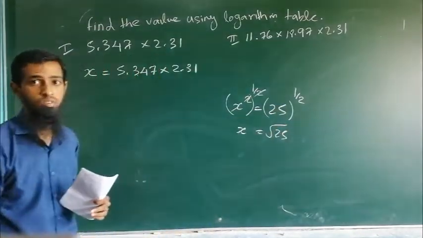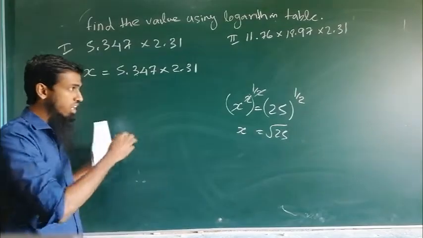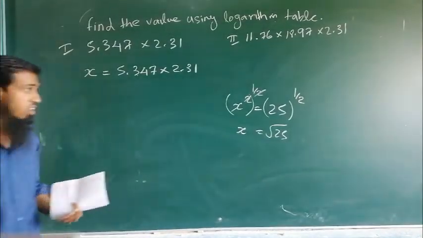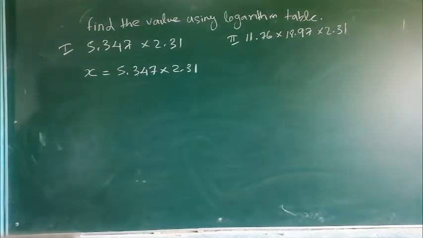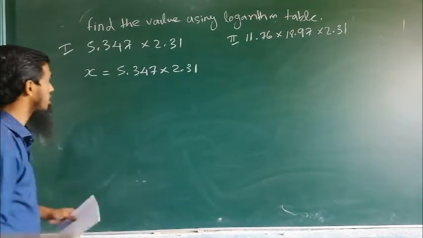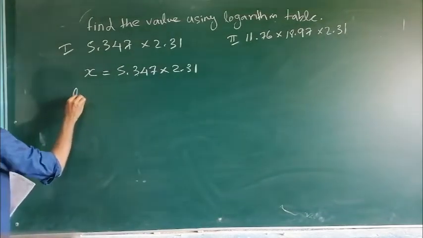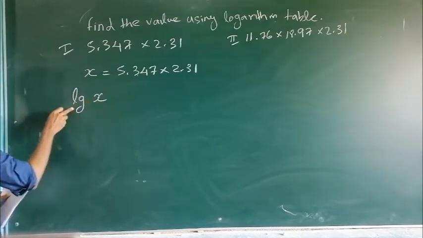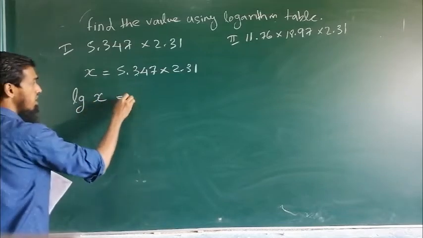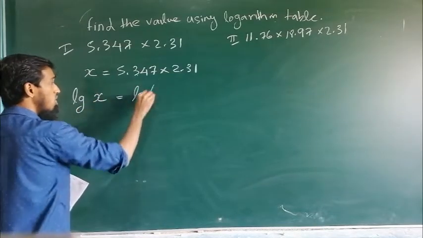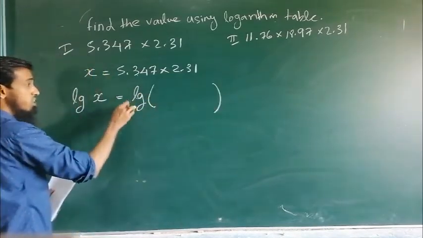We studied that. We need to do this on both sides of the equation. The first step is we need a logarithm sign on both sides because we are going to use the logarithm table. So the step is lg x. Just write lg in front of the unknown term and write lg in front of the given value.